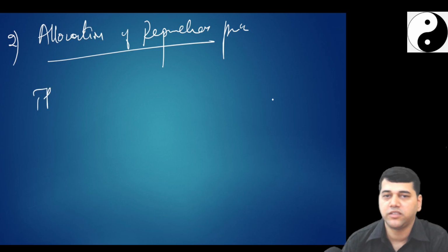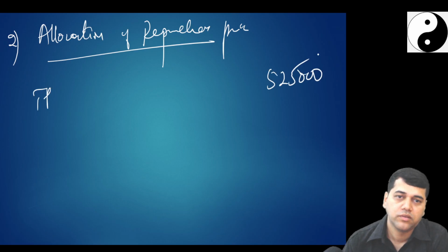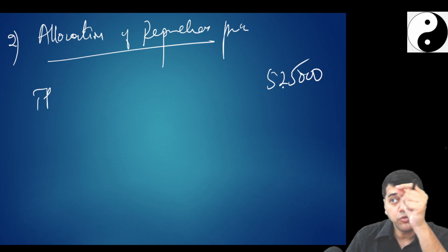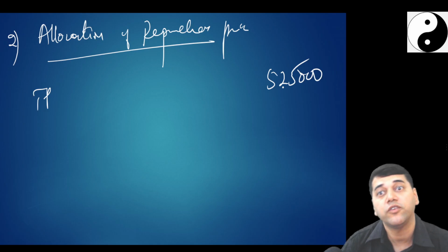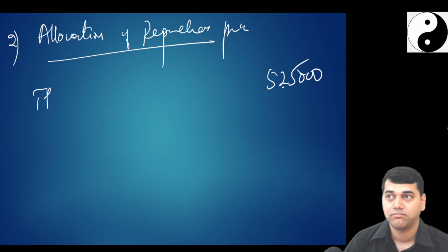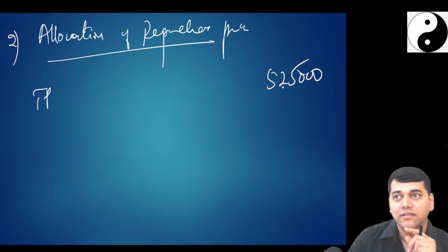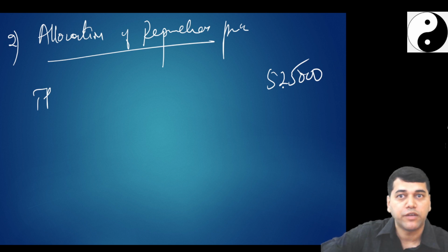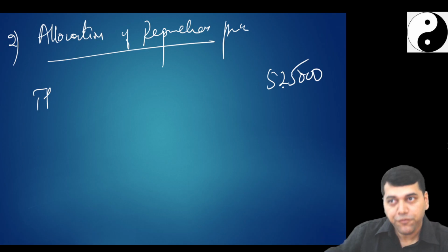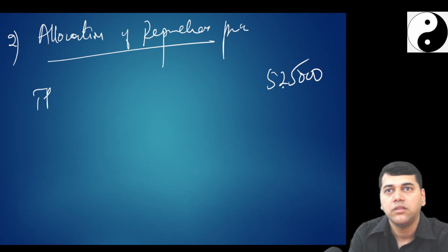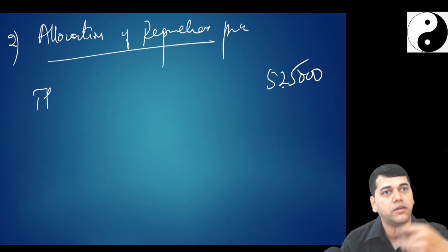What is my transaction price? 5,25,000. Again, be careful in the examination. They say that fair value was 5,25,000, but what the company offered was 5,35,000. What is my transaction price? 5,35,000. See, fair value was 5,25,000. That's the market price. If you offer 5 lakh 25, then why should the debenture holder accept your early redemption?